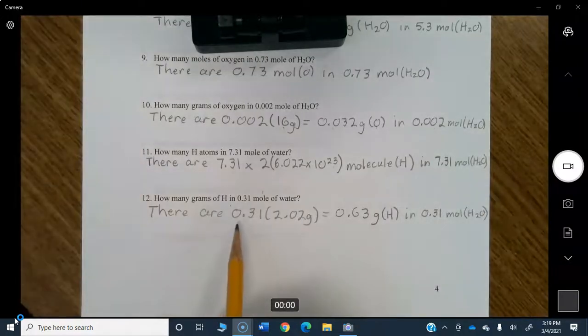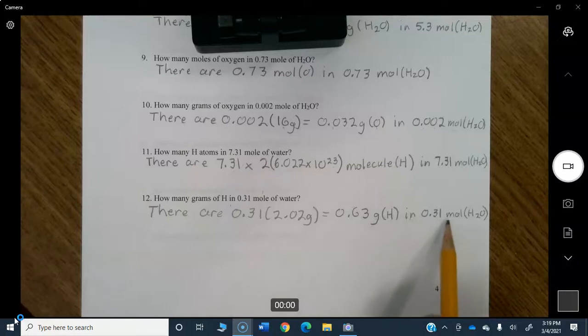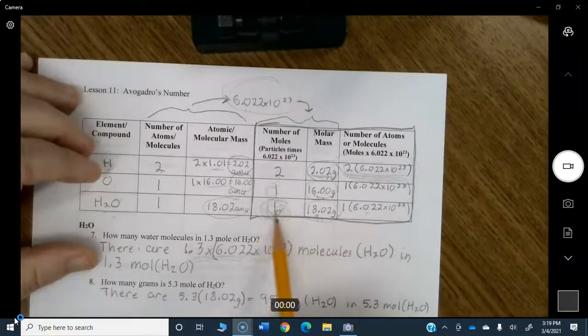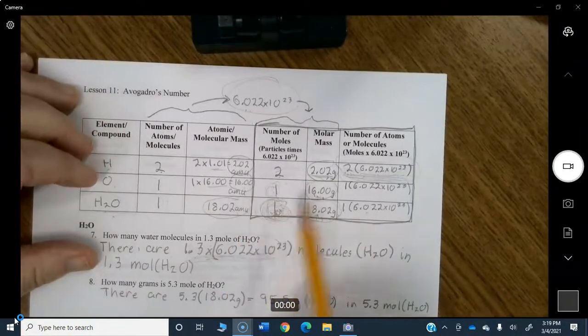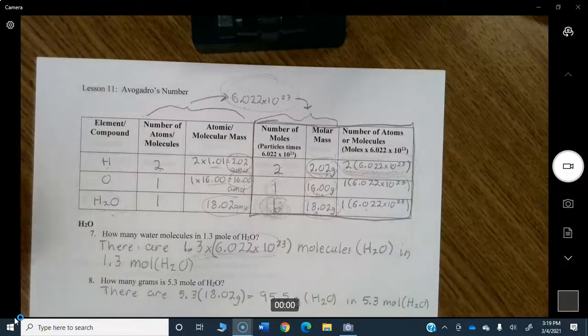Okay, so there are 0.31 times 2.02 grams of hydrogen, which equals 0.63 grams of hydrogen in 0.31 moles of H2O. So the simple thing you do in all of these is whatever you have to multiply that by to get what the question's asking for, you multiply the other thing that it's asking about by that same number. And that's how you do these.